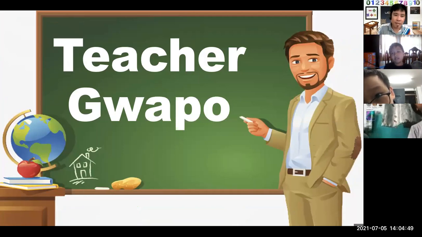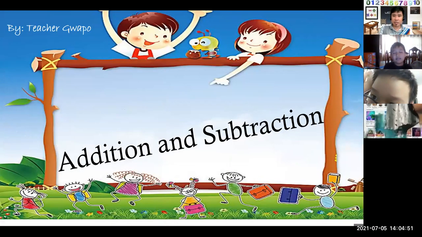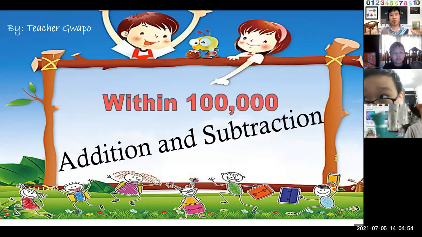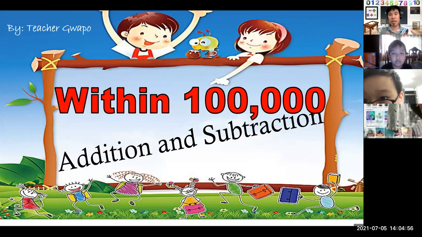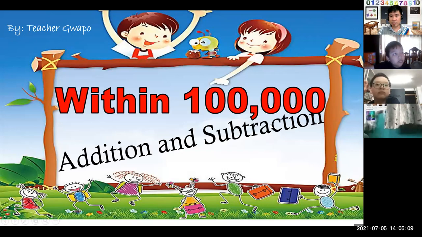Okay. So for today's lesson, we are still here in chapter 2, which is about addition and subtraction within 100,000. We are still learning numbers up to 100,000.